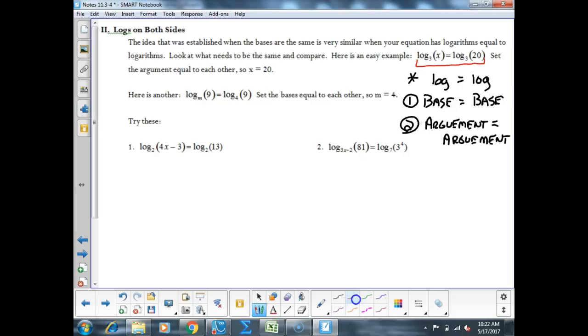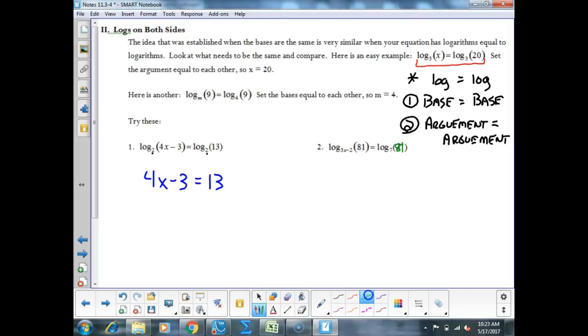Okay. Now, this works going either way. In problem number 1, I have equal bases. So because I have equal bases, then I have to have equal arguments. In problem number 2, 3 to the 4th is really 81.